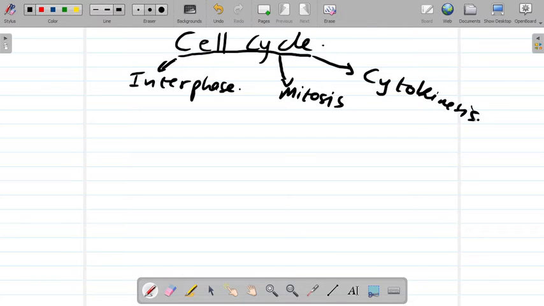This is going to be the part of your cell where basically it splits into two identical cells, right? So that's the whole cell cycle.